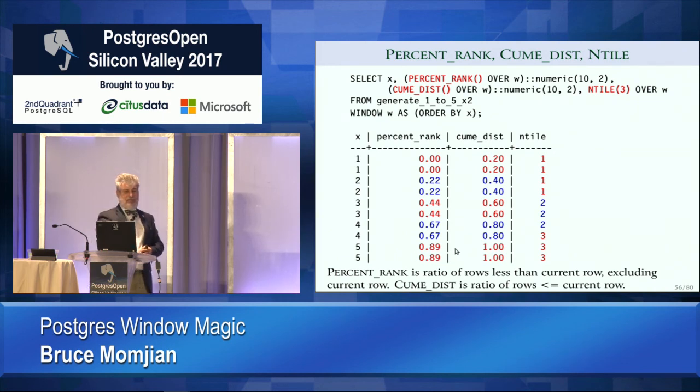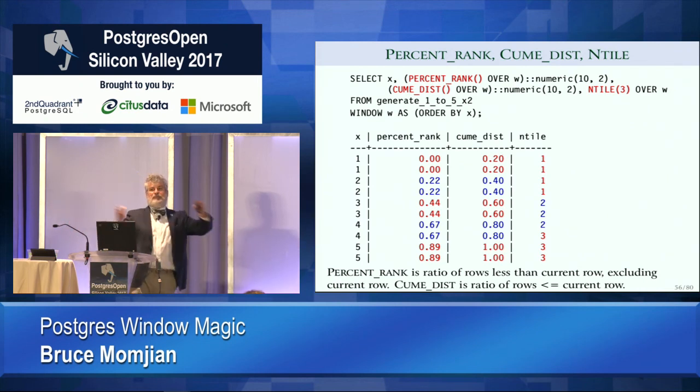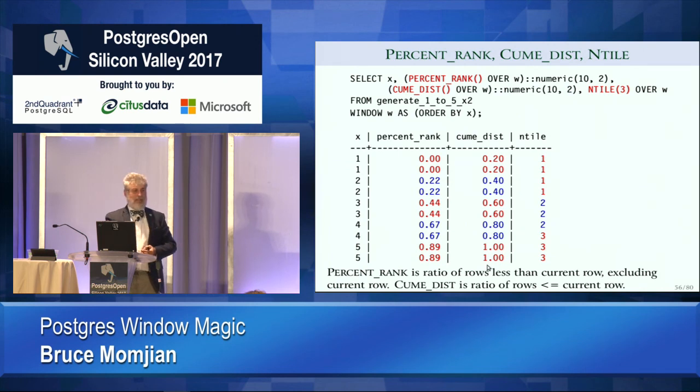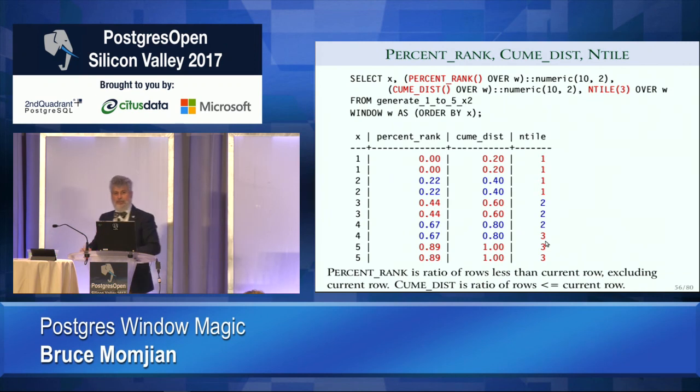That's because we have peer groups up here. Over here, it's saying what percent are equal or less, so we're assuming my peer group and less. That's easy to understand: 20, 40, 60, 80, and 1. Okay. Over here in ntile, this makes sense. This is all of the first, third, second, third, and third. So it's trying to break it up into chunks.